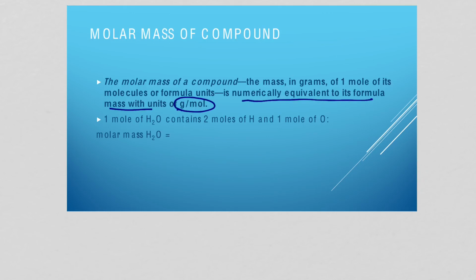And so to get the mass, I'm going to take 2 times the molar mass of hydrogen, 1.01 grams per mole, and add 1 times the molar mass of oxygen, 16.00 grams per mole.